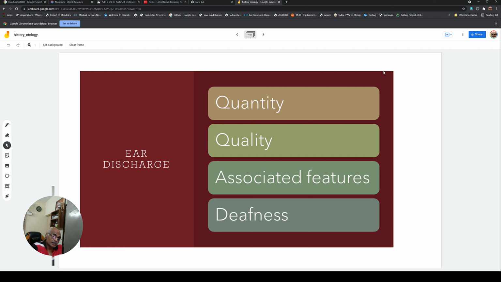Then again, discharge associated with deafness. If the patient is having deafness associated with discharge, it goes without saying a large portion of the eardrum has been ruptured. A large surface area of the eardrum, if damaged, will obviously lead to deafness.